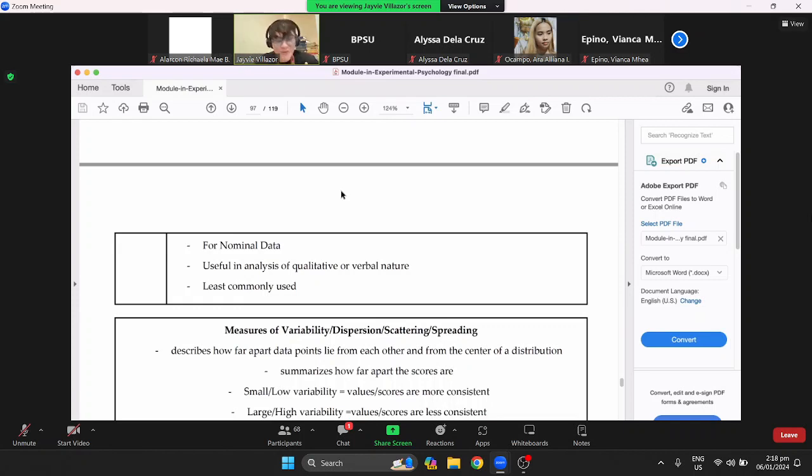It has something to do with measures of central tendency. But if your scores are 5, 10, and 15, can you follow? What is the average? Can you please chat the answer in our chat box?